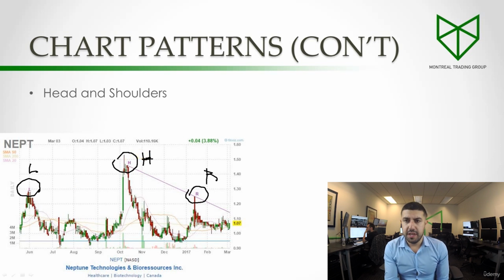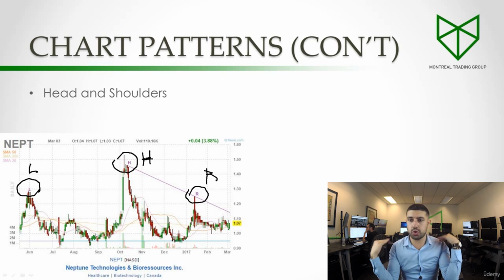Okay, here we go. And it actually makes sense, right? Because if you see here, the price is going up, so there's increased demand for the stock. Then demand stops and there's increased supply, so the price drops. Then demand kicks in again, goes way higher. Supply comes back in, but there's support here. And this support here, that price level, we call the neckline. So you have your head, your shoulders, and you have the neckline.